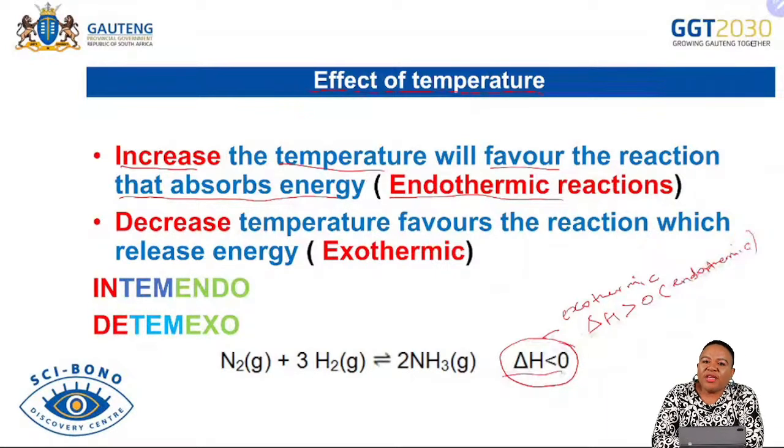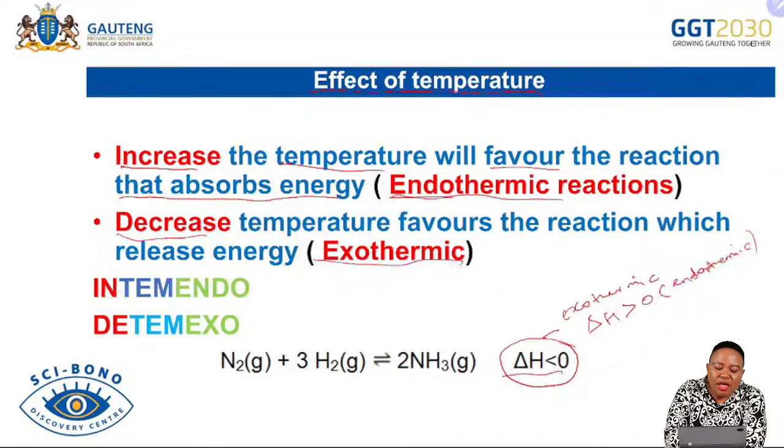Now, the first thing that you must ask yourself is, what will increase the forward product? If the reaction is exothermic, we know that an increase in temperature favors endothermic and a decrease in temperature favors exothermic.